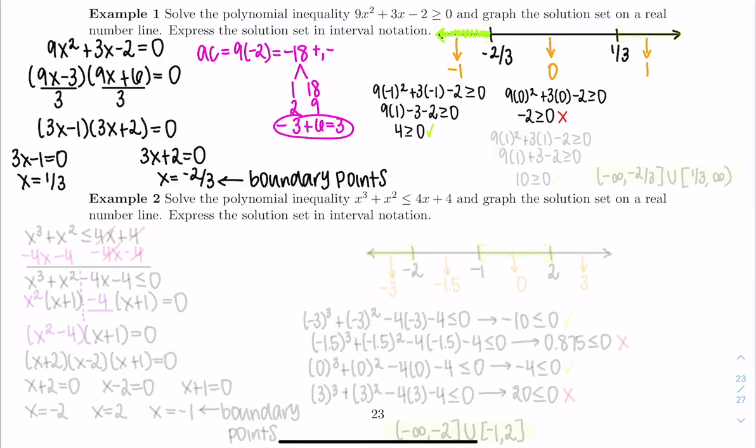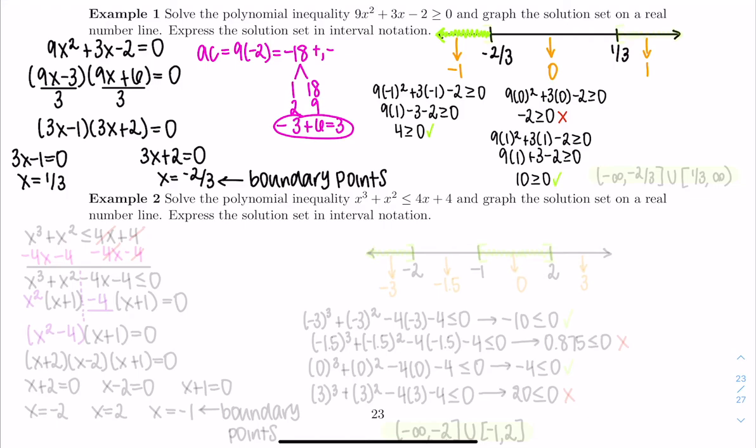And then we can plug in 1. We've got 9 times 1 squared plus 3 times 1 minus 2 is greater than 0. Well, that's just 9 times 1 plus 3 minus 2, and this ends up giving me 10, which is definitely greater than 0.